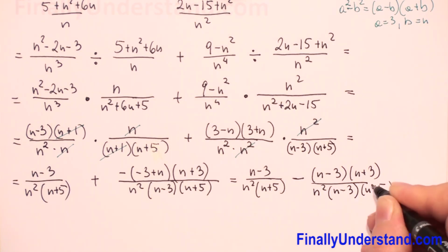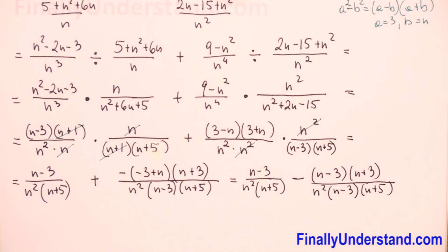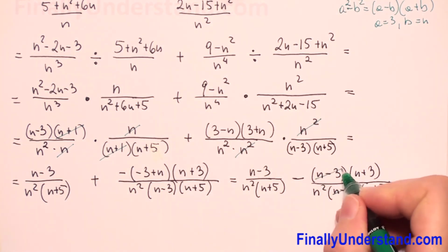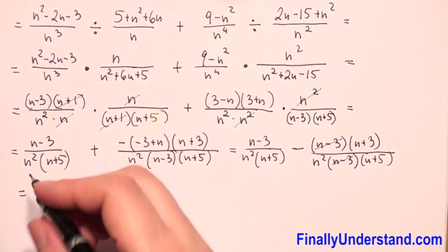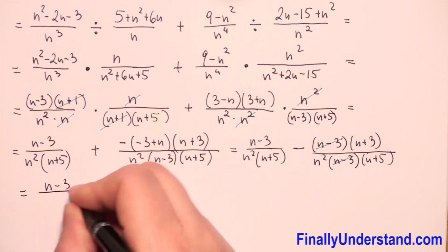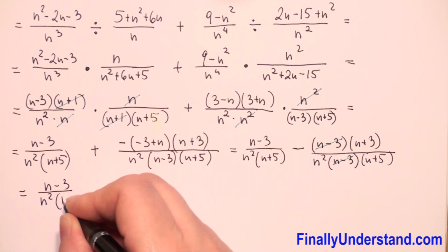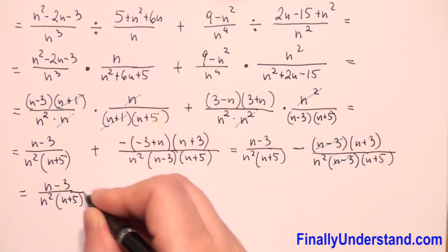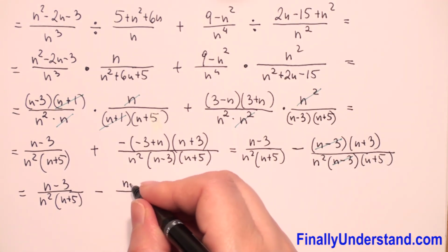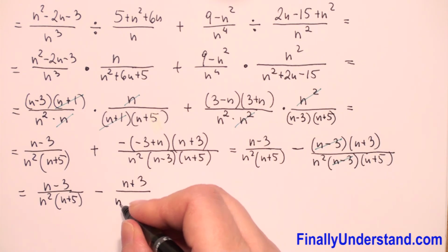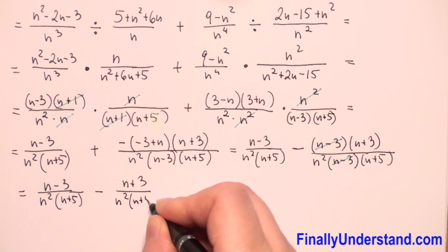We see that in parentheses we have n minus 3 and n minus 3, we have multiplication, so we can reduce. So now we have n minus 3 over n squared times n plus 5. We have minus, and numerator we have only n plus 3, denominator is n squared times n plus 5.